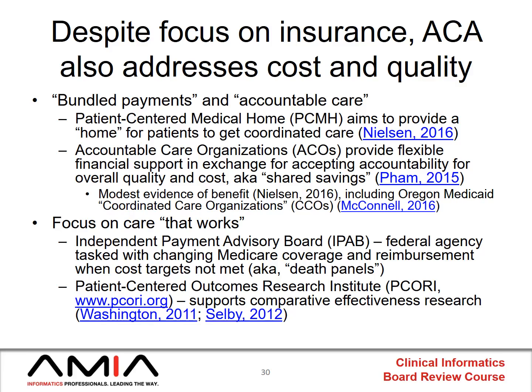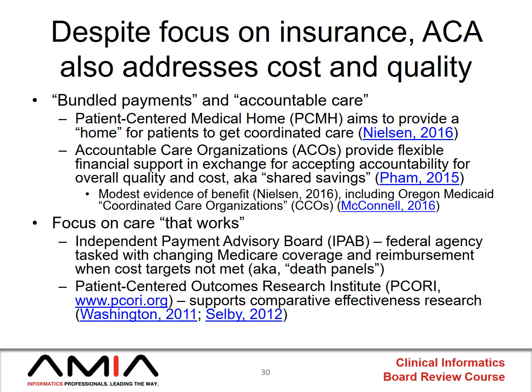Many of these programs have already been in existence across the United States, and in the state of Oregon, for example, the entire Medicaid system is being reorganized under ACO-like organizations called coordinated care organizations.